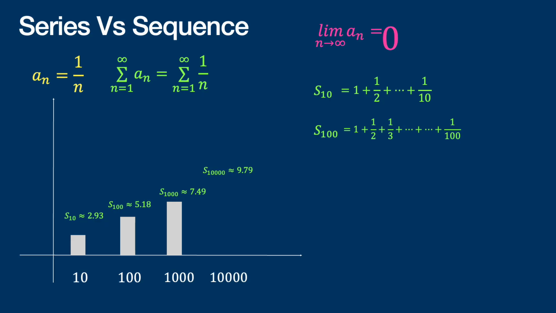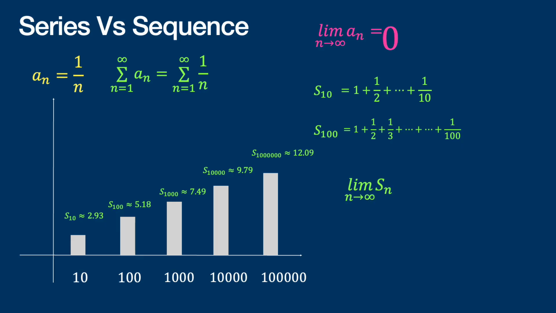S_10,000 is going to be 9.79. And 100,000, you will see that number is 12.90. So the partial sum is slowly increasing, which means the limit of the partial sum is going to be infinity.